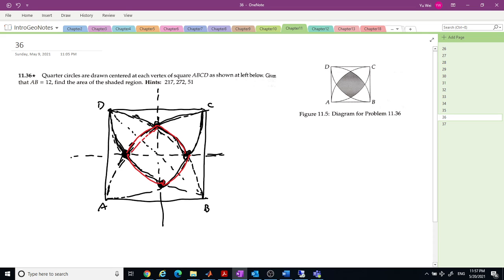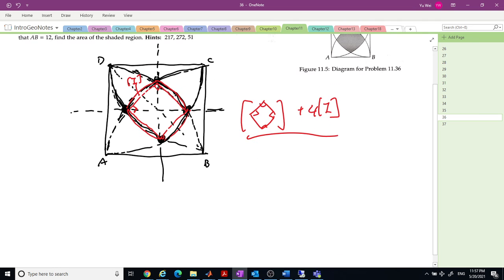By cutting these arcs, we can see in the middle we have a square. Once we solve the square and we solve each of the pieces, we know the area is equal to this square plus the 4 pieces. Okay, now we can do it.